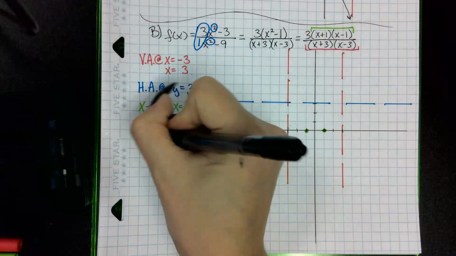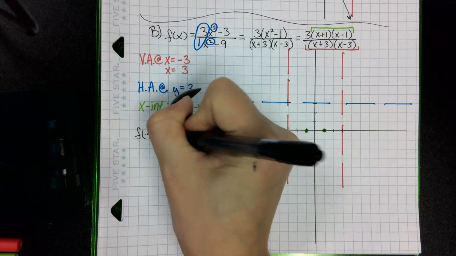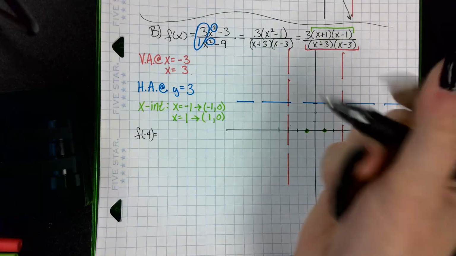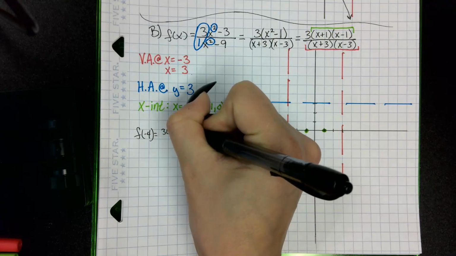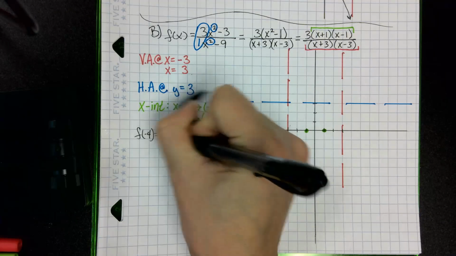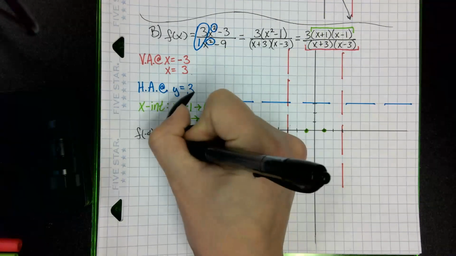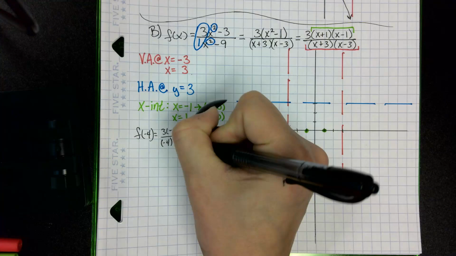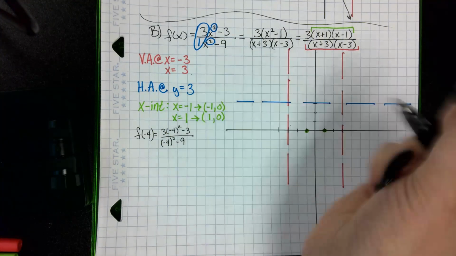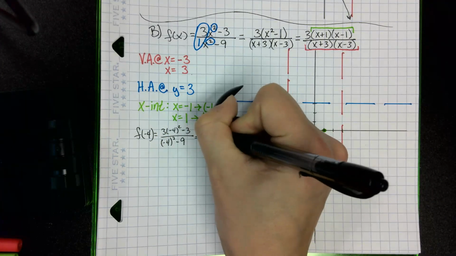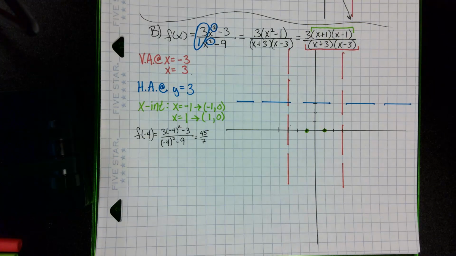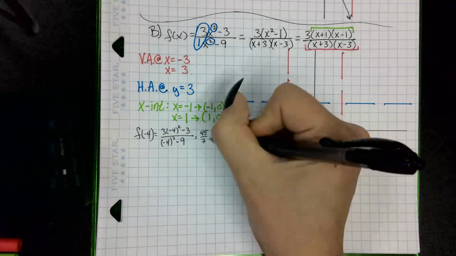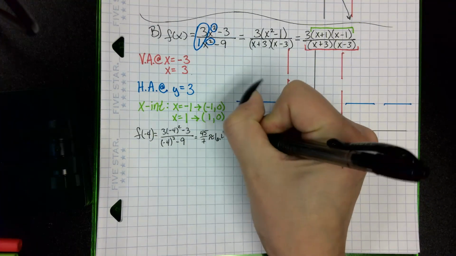So I'm going to do f of negative 4, where I take negative 4 and plug it in. I get 3 times negative 4 squared minus 3 over negative 4 squared minus 9. It gives me 45 over 7, which is fine, but I don't really know where to graph that. So you just do 45 divided by 7. It's approximately 6.4.